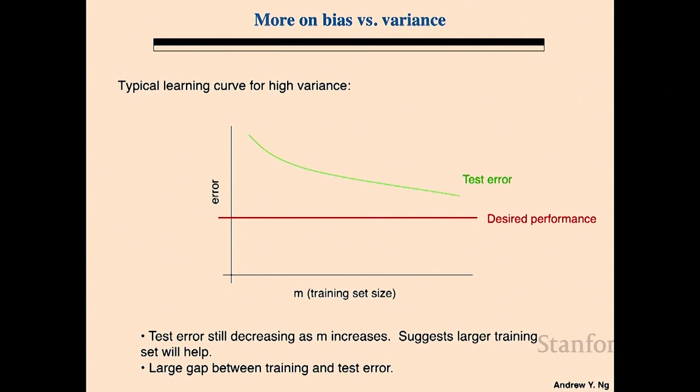Your product manager tells you, or if you're leading the product, you think that you need to hit a certain level of target performance in order for this to be a very useful spam filter. So the other plot to add, which will help you analyze bias versus variance, is to plot the training error. Now, one interesting property of training error is that it increases as the training set size increases.